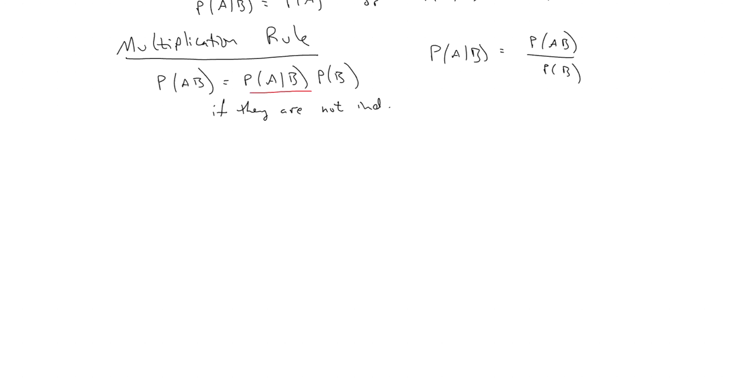If they're independent, the probability of A given B just equals the probability of A. So if they are independent, the probability of A and B is just equal to the probability of A times the probability of B.